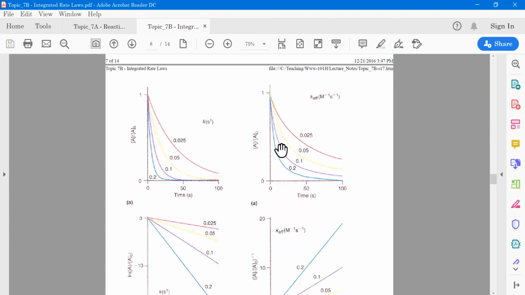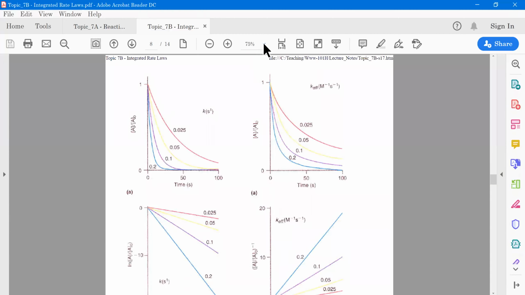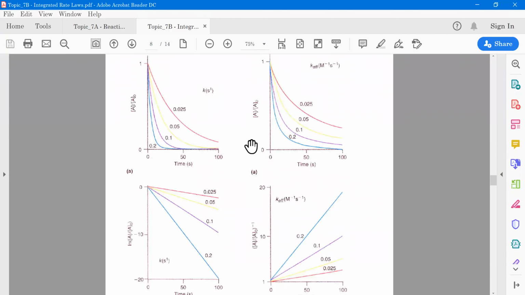Here's something that shows these plots for 2 different cases. The ones on the left are both for first order reactions. The ones on the right are both for second order reactions. And what you see for simply the concentration, and again, this is divided by the initial concentration, so you can simply look at it as the concentration itself.